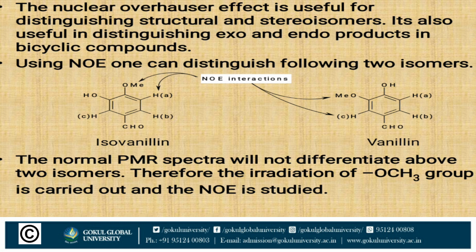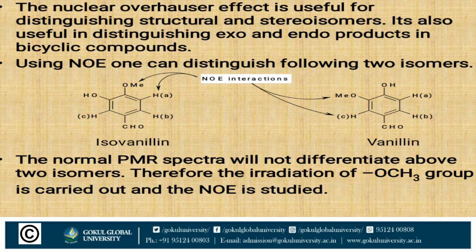So using NOE one can distinguish the following two isomers. There are two isomers, isovanillin and vanillin. Here vanillin has a methoxy group, and isovanillin also has a methoxy group. But the neighboring protons are Ha and Hc.